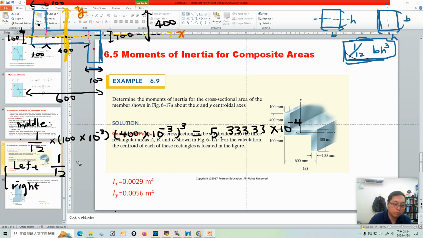And the B H cubed. Right now the rotational axis is vertical. So what is your B and what is your H? Be careful. Here is your B. Right now, your B is 400 times 10 to the power minus 3, and your H is 100 times 10 to the power minus 3, cubed.